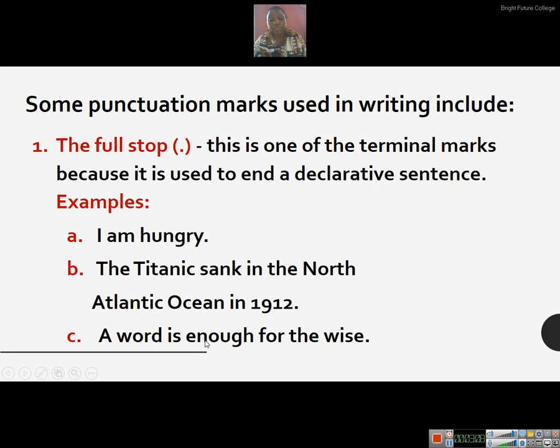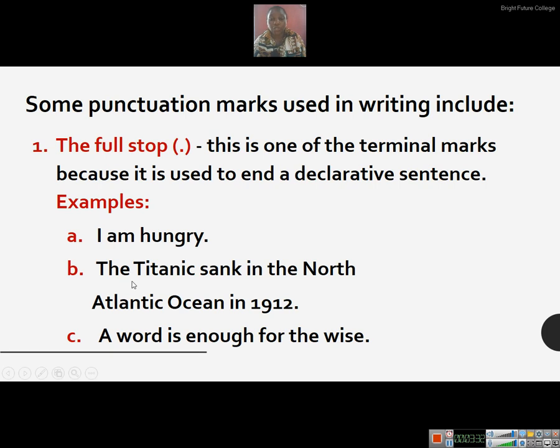A word is enough for the wise. Now, if you look at those sentences, you would notice that at the end of each sentence, there is a full stop. I've always said that when you write, maybe you're writing an essay, always end your sentence with a full stop, and then the next sentence should begin with a capital letter.